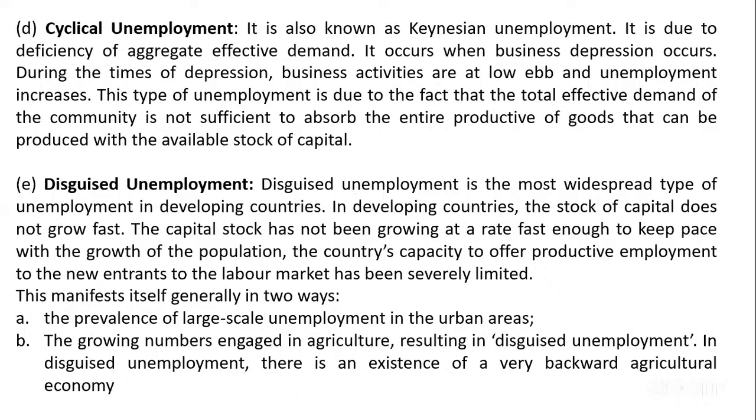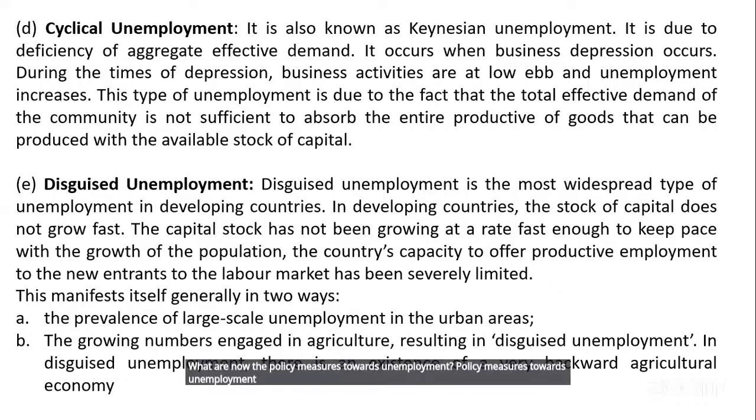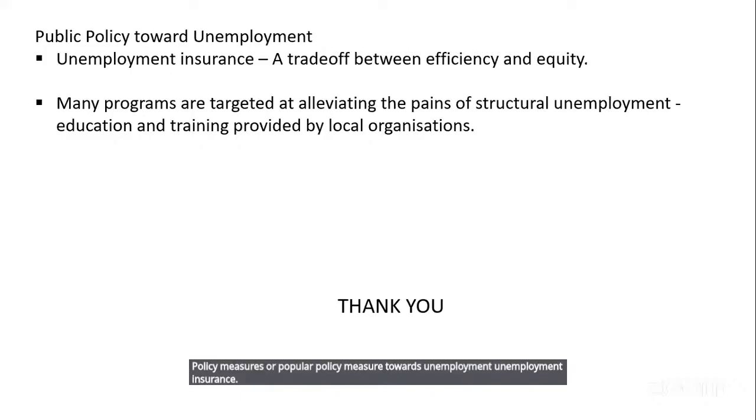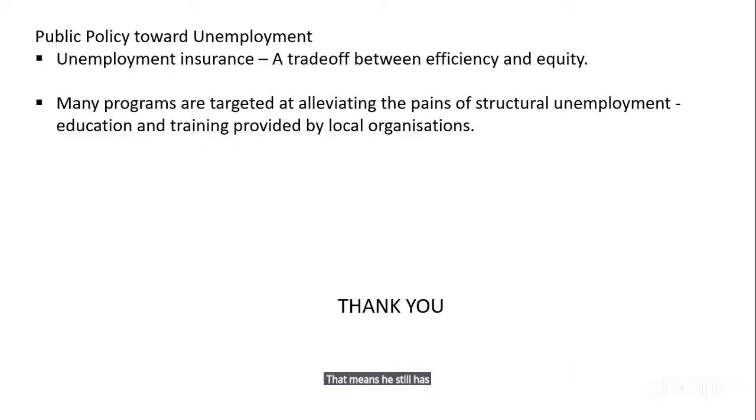What are now the policy measures towards unemployment? Number one, public policy measures towards unemployment: unemployment insurance, that means insurance benefits. There is a trade-off between efficiency and equity.